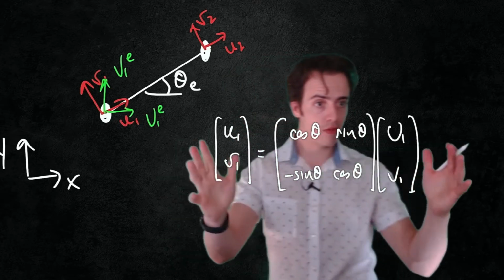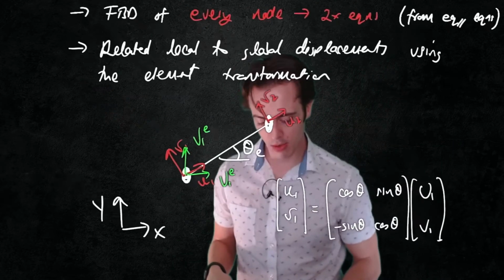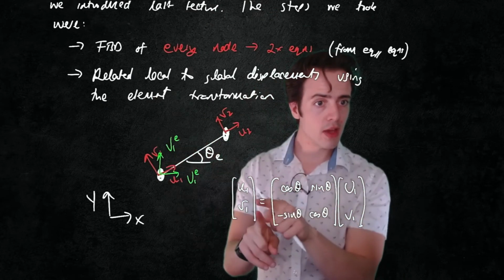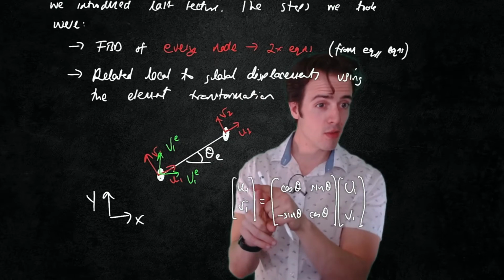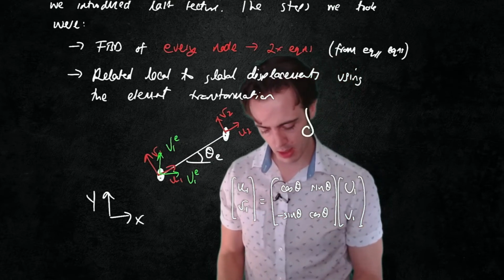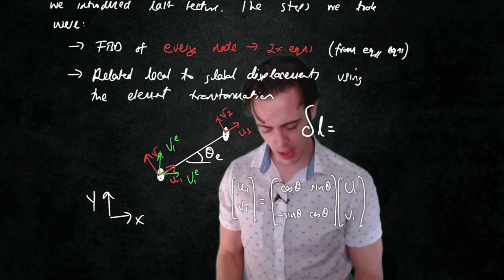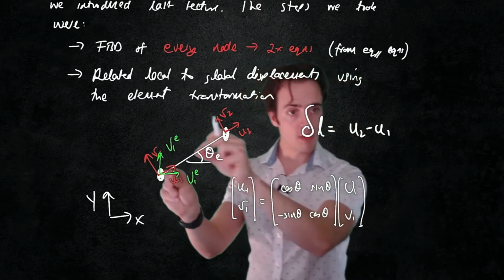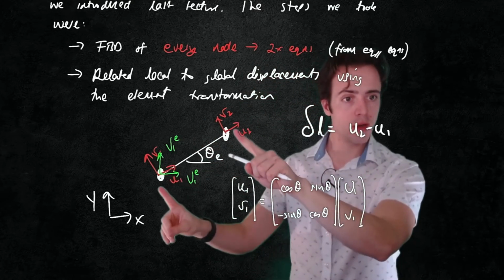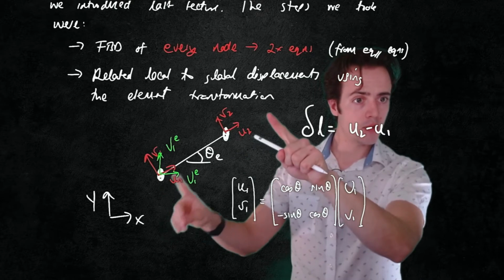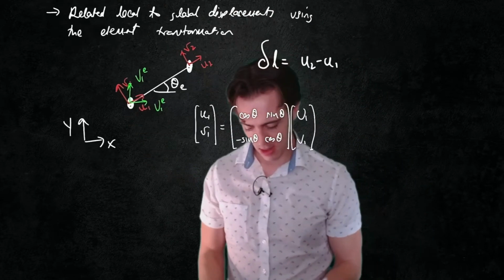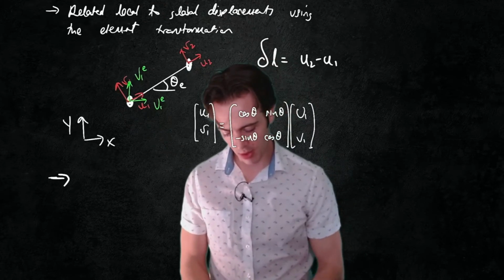Okay, so this is the transformation that we used, and we use that to change all of the lowercase u1s which are in the constitutive relationship, because we remember that delta L was simply going to be u2 minus u1. Okay, so that's how much each of these members stretches by. It's going to be however much this node moves minus however much this node moves. We did all of those, and we then recognized that we had some correspondence.